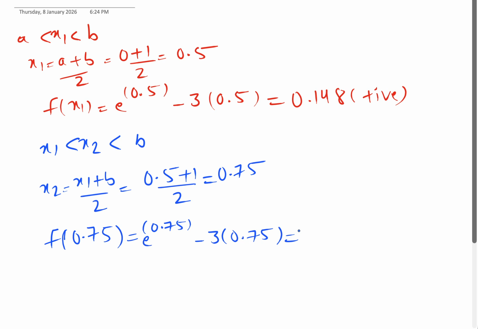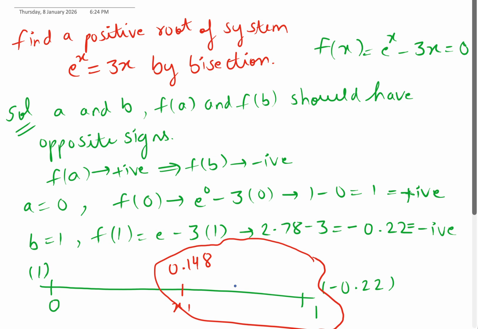It's negative 0.132. So if I again go back here, I have calculated x2 and its value was negative 0.132.